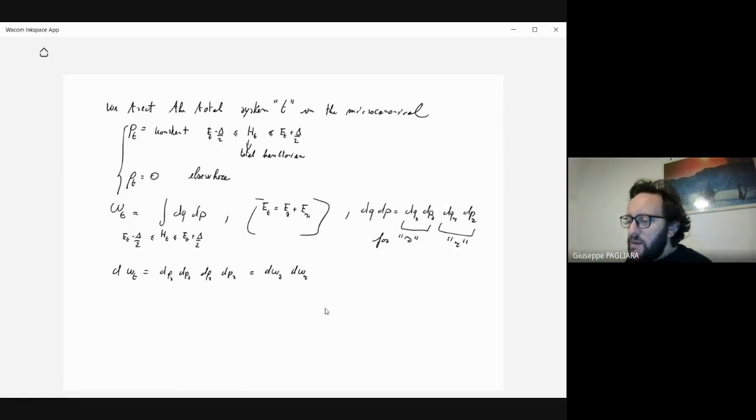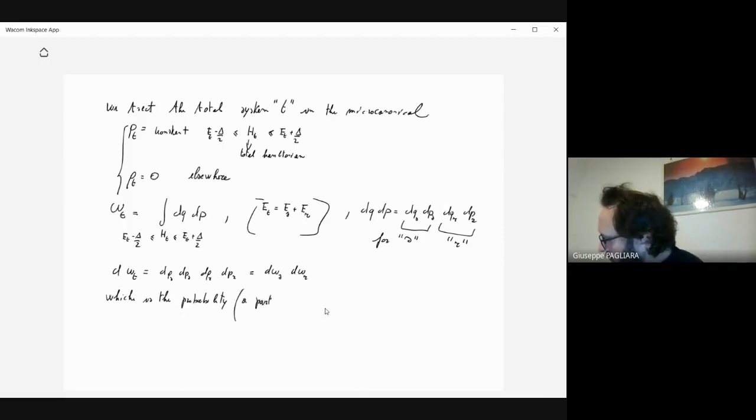Now the difference between the canonical and the microcanonical ensemble is that now we ask ourselves the following question: which is the probability, apart from normalization, that the small system s is in a certain state, well, microstate.